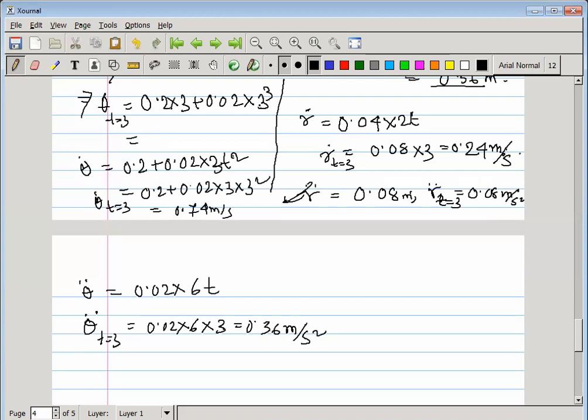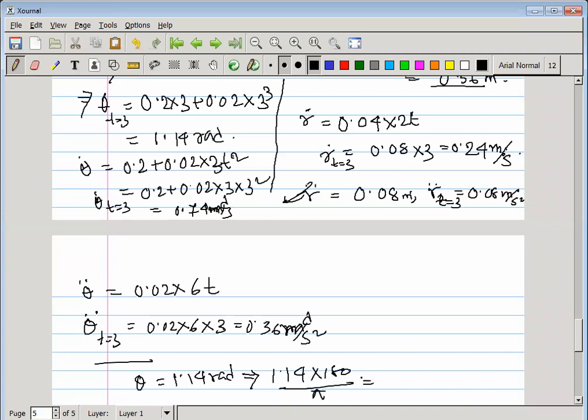Sorry, I think this is angular, so that should be radian per second square, and that is radian per second. 1.14 will come, so that is in radians. If theta is equal to 1.14 radian, we have to convert it into degrees: 1.14 into 180 degrees divided by pi. How much is it?